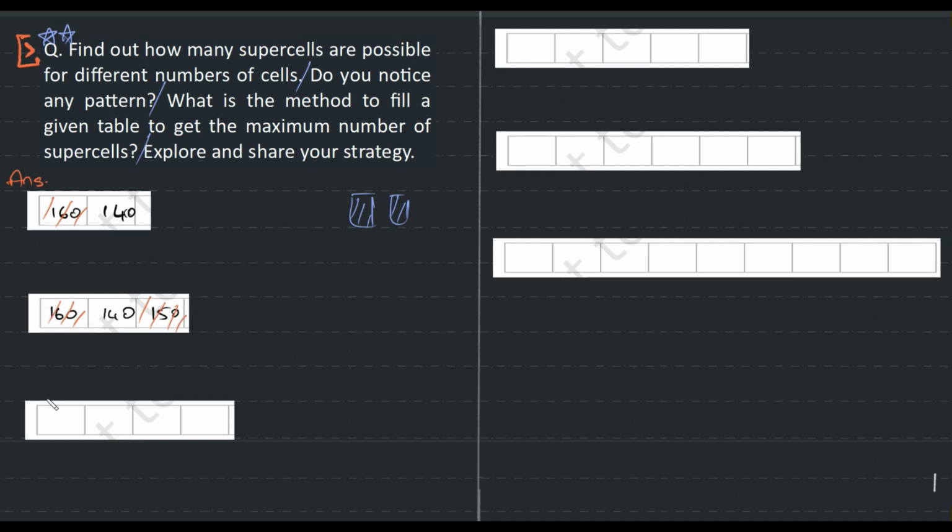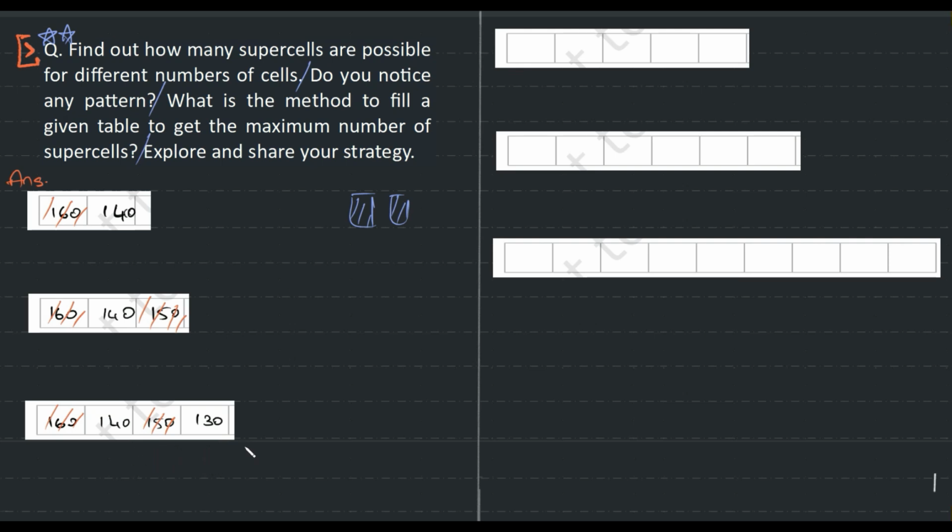So I'll just continue with the same pattern again, 160, 140, 150, and this can be 130. So we have 160, 150. So can I make the last a supercell and this a normal cell, that is non-supercell? It will result in the same number. So I need not touch it.